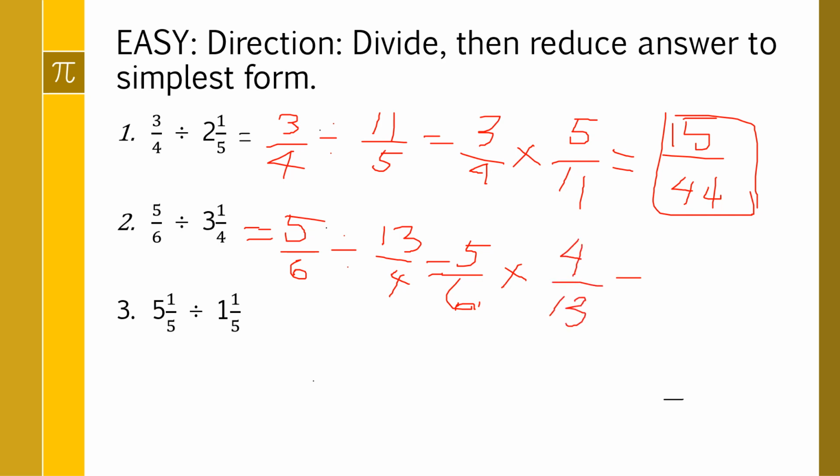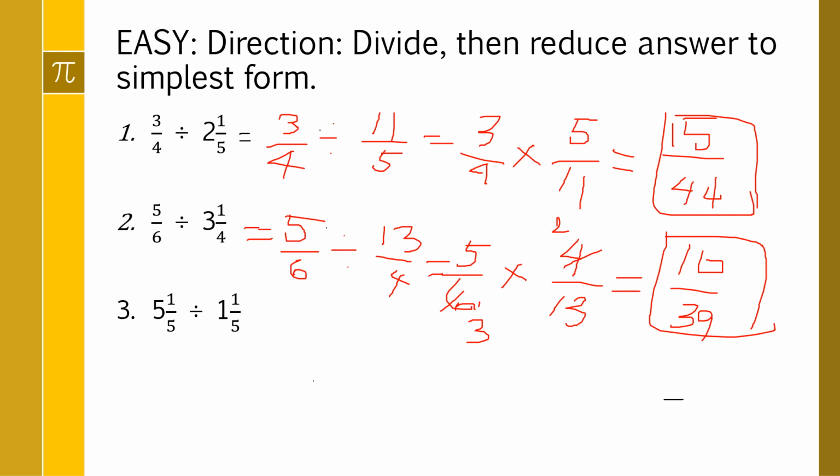Now this time, using the cross product theorem, we have 4 and 6. The GCF is 2. 4 divided by 2 is 2, and 6 divided by 2 is 3. 5 times 2 is 10, and then 3 times 13 is 39. So this is our final answer.